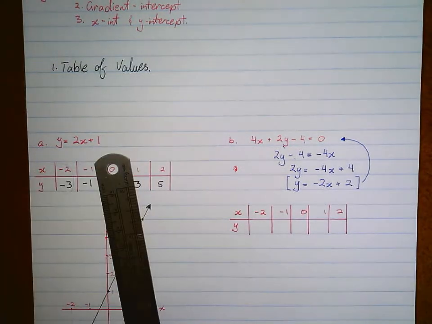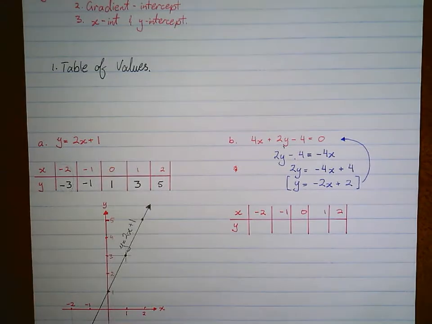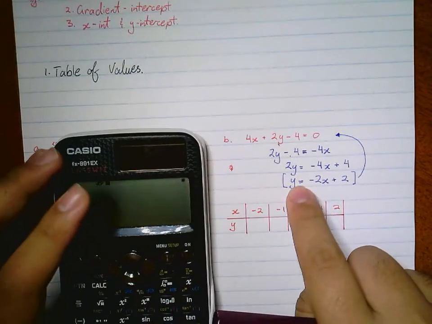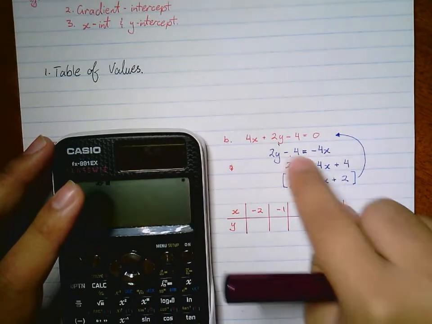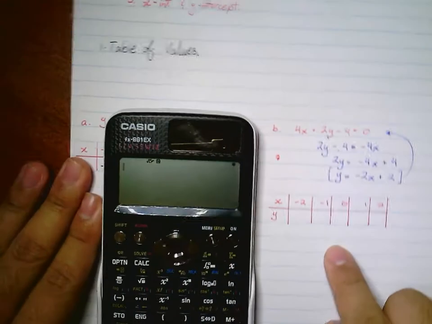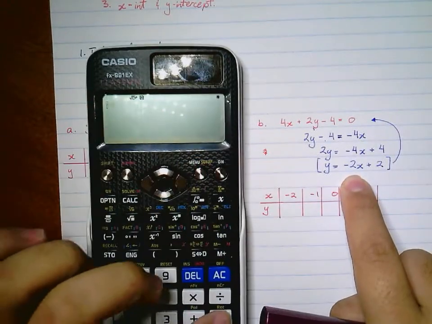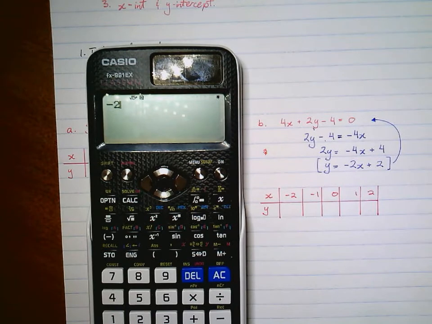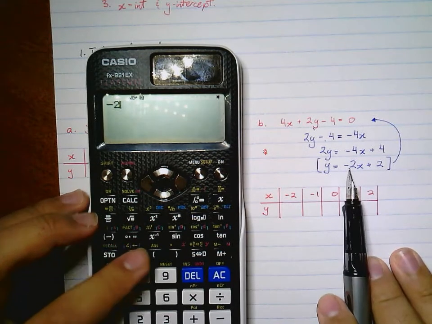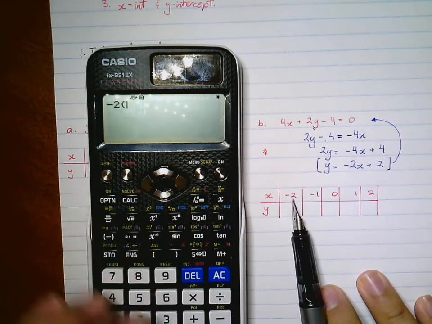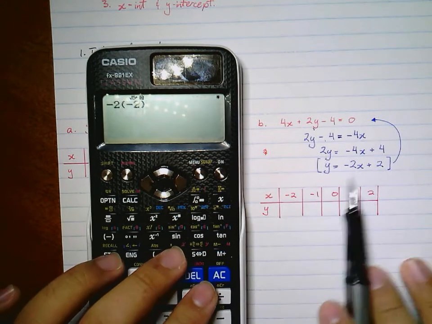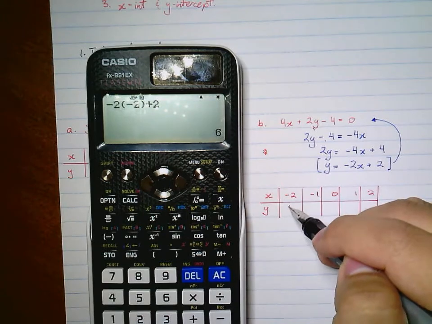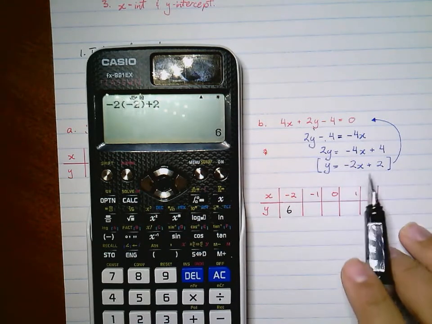There we are. So we're going to be using this equation here rather than our first one. Here we go. So substituting negative 2. Negative 2 bracket substituting negative 2 plus 2. This gives me 6.